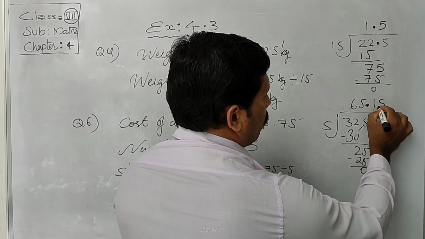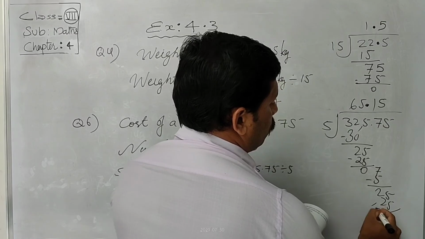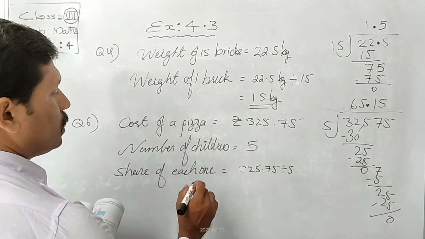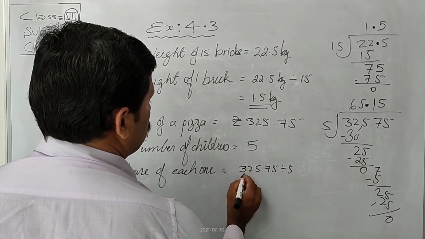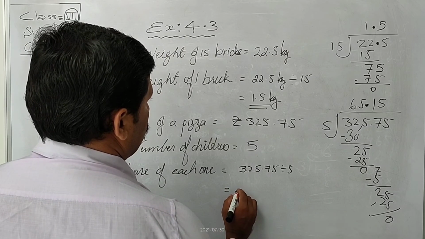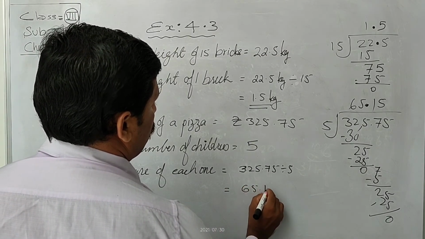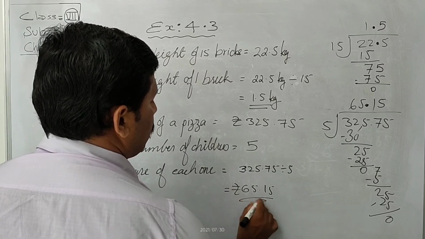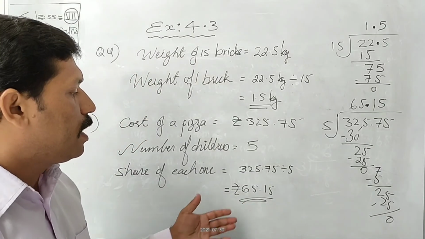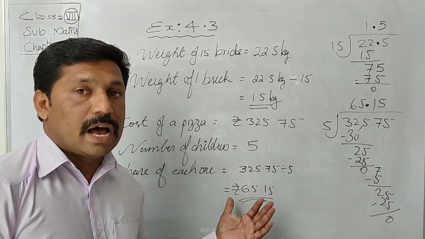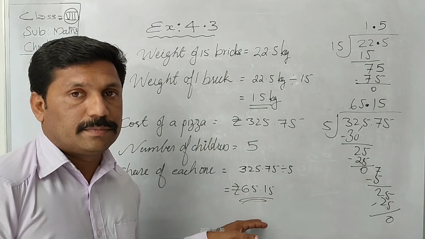Then 5 5s are 25. So here we divided, and you got the answer. The share of one child is 65.15 rupees. So each one paid 65.15 rupees as their own share.